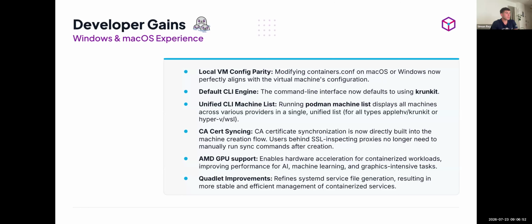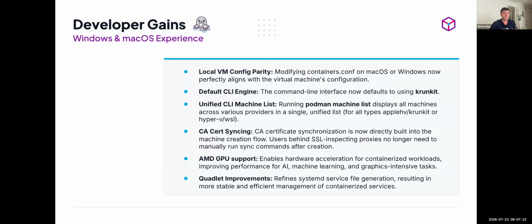Especially for users behind SSL proxies, it will be helpful, for you enterprise users especially. Then we have more support for AMD GPU with Podman 6, so you will be able to use this, especially if you do some machine learning or graphics intensive tasks or any AI workloads. It's good to have this with AMD support.